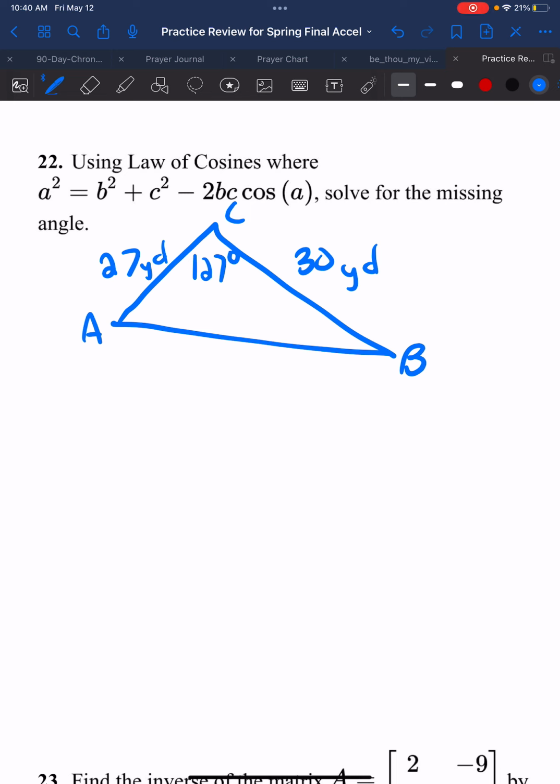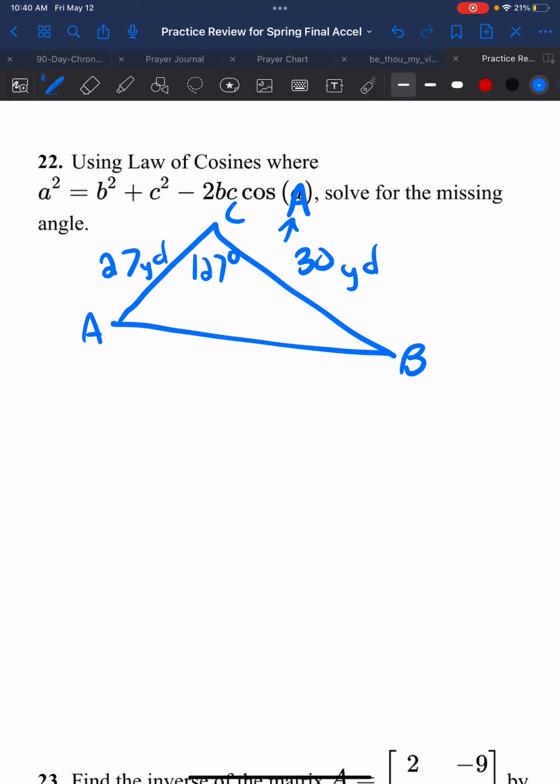What I need here, and this should be a capital A, it says use the law of cosines, solve for the missing angle. To be able to do that, I need to use this equation here.